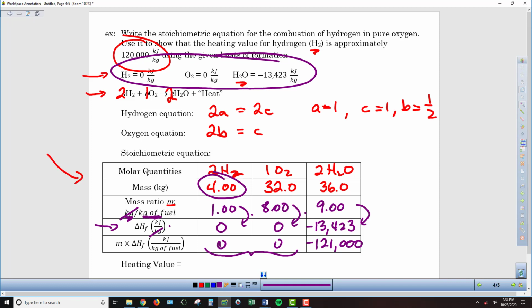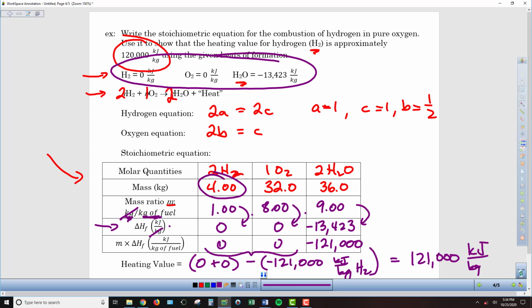So in this case, since it was just hydrogen gas and oxygen gas, our reactants is 0 plus 0, and then for the products, we're going to subtract just what's produced from the formation of water, the negative 121,000 kilojoules per kilogram of hydrogen, and so we end up with a heating value of 121,000 kilojoules per kilogram of hydrogen. And so that is confirming what we were told at the outset, that we should be getting around 120,000.